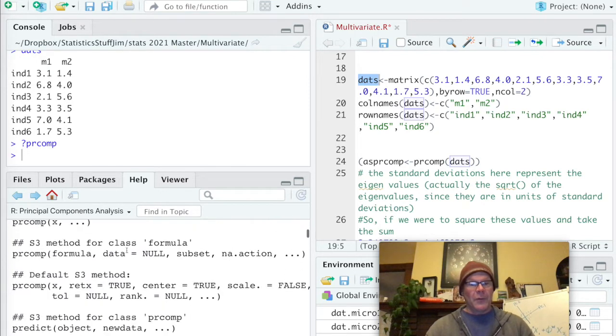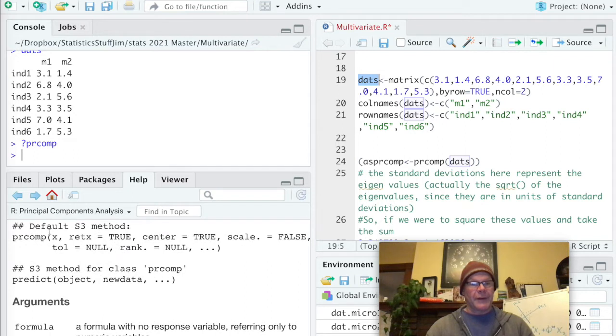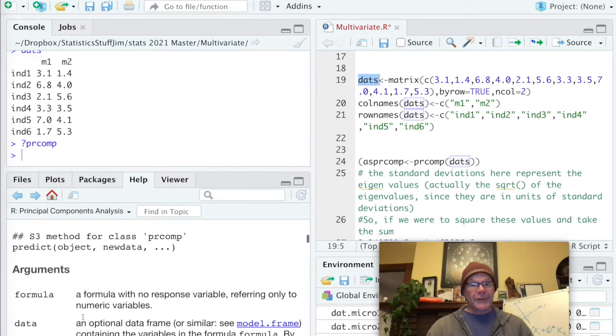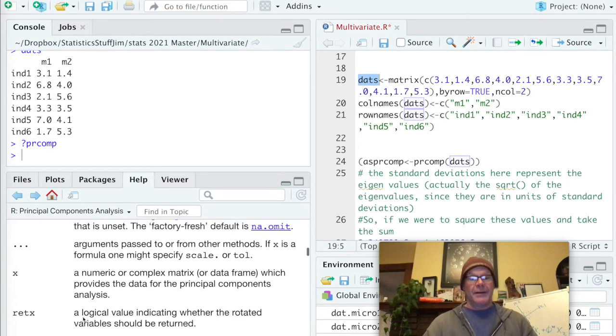Let's just focus in on this first thing here, X. X is simply going to be a matrix or a data frame, a matrix-like object, which is exactly what this is right there, right? That is a matrix-like object.